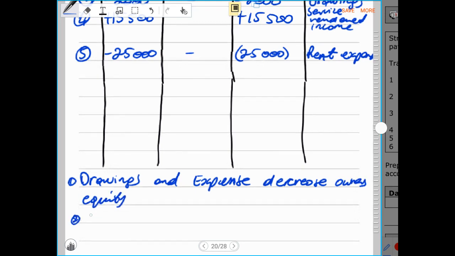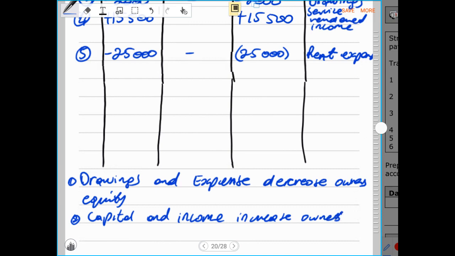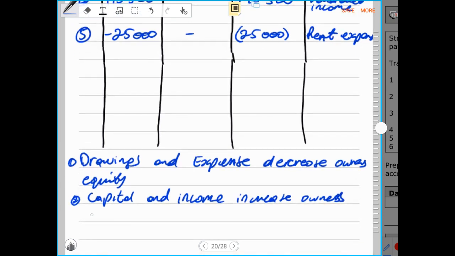And number 2 is capital and income, increase owner's equity.